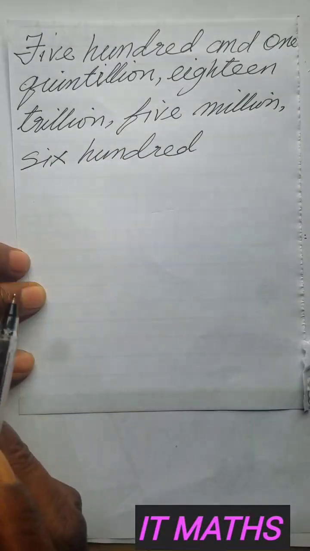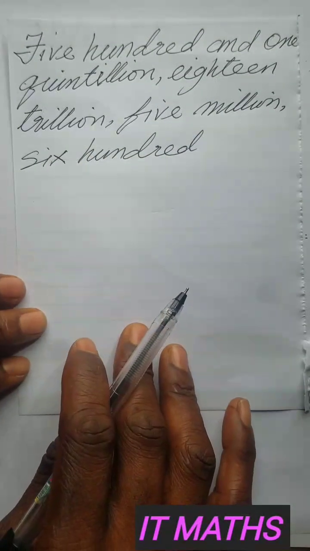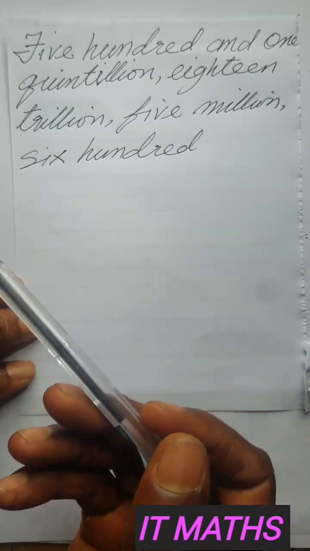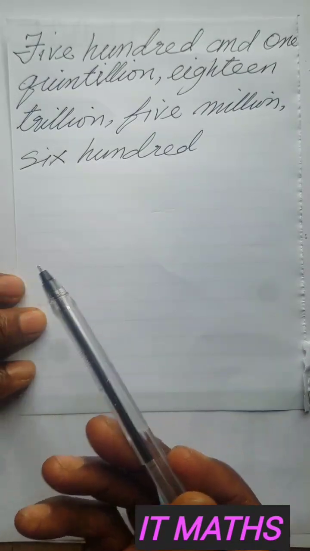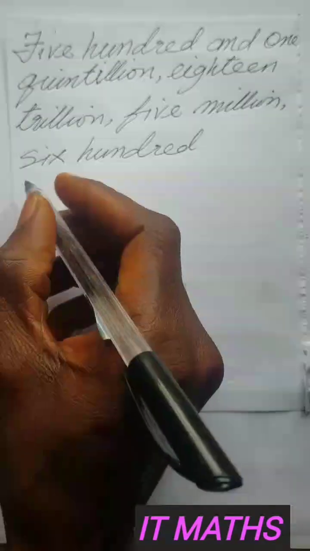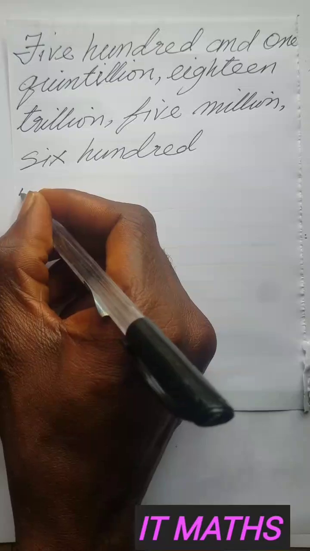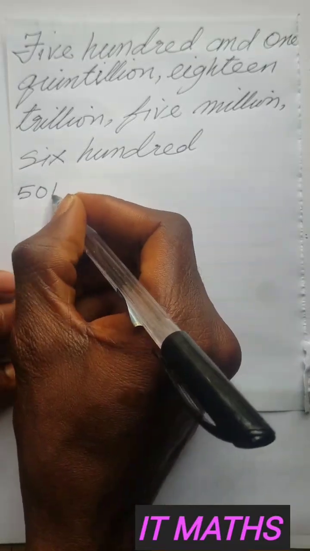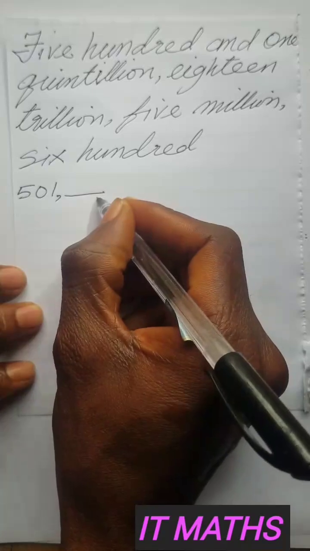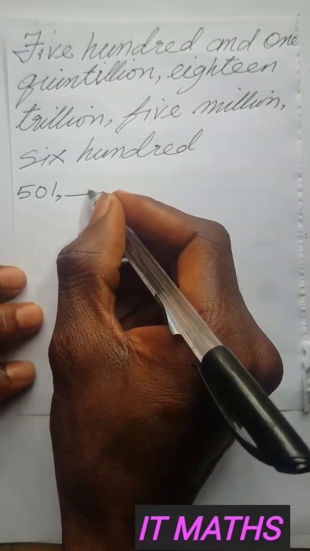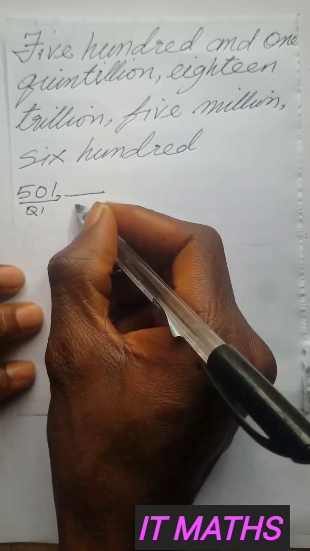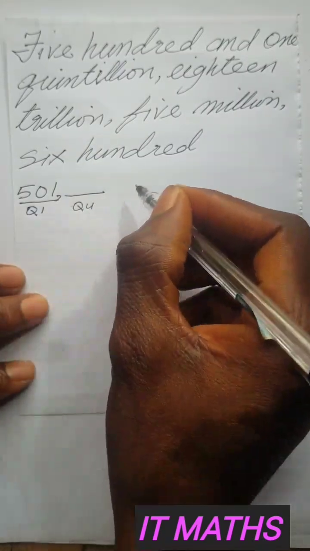Watch our previous videos and you see in that video, after million we had billion, trillion, quadrillion, quintillion. So it means our 501 is 501. Before then is the quadrillion family. So I'm going to use Q for quintillion and QU for quadrillion.